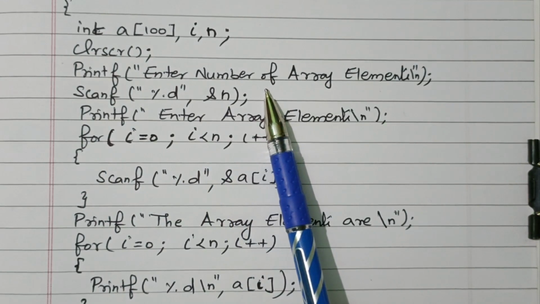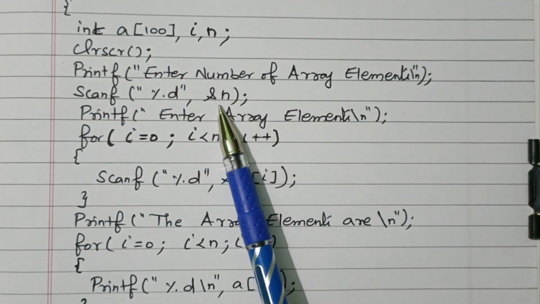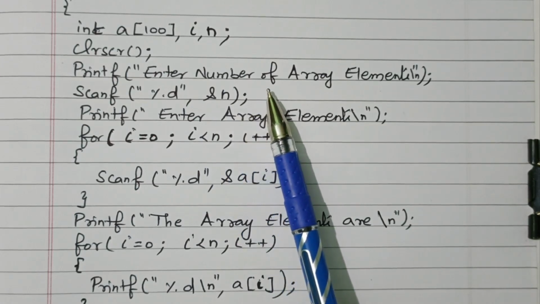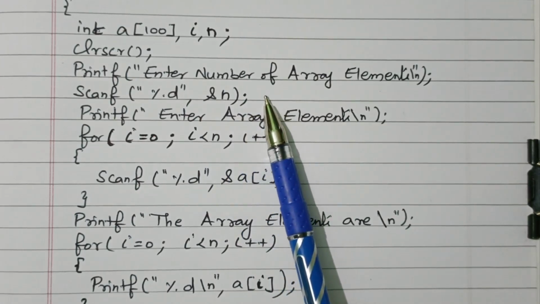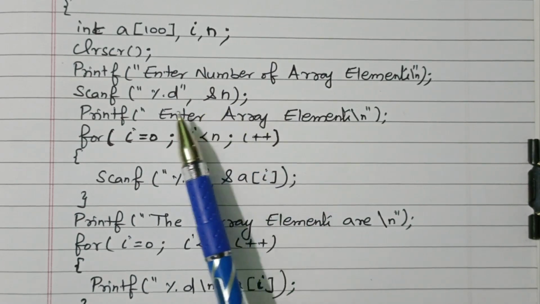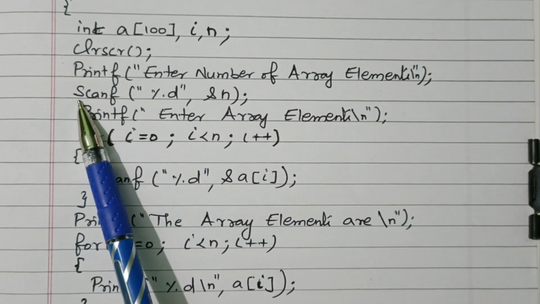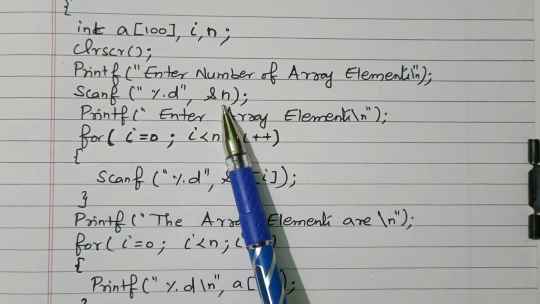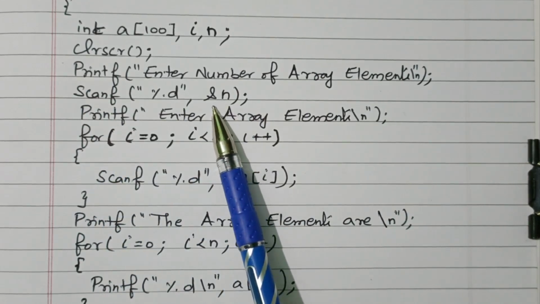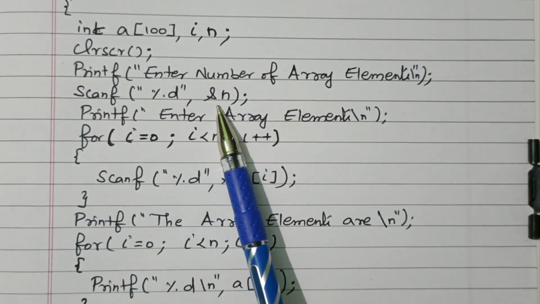The number entered by the user will be stored in the memory location n. So first we are asking the user how many elements they will enter. By using printf, we display this sentence. By using scanf, we read the data entered by the user, which is stored in &n, the address of n.